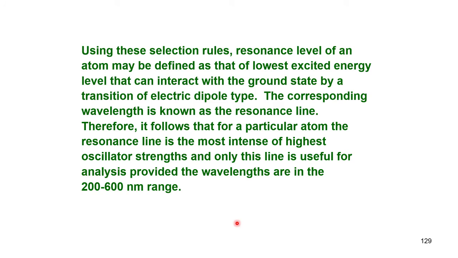So, this you should understand. It is very common practice in most atomic absorption spectrometers. What is a resonance line? Many times you will come across the technical term: the resonance line of iron is so much, the resonance line of chromium, copper is 324.7, like that.